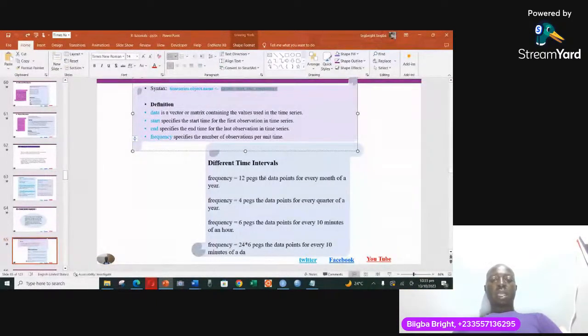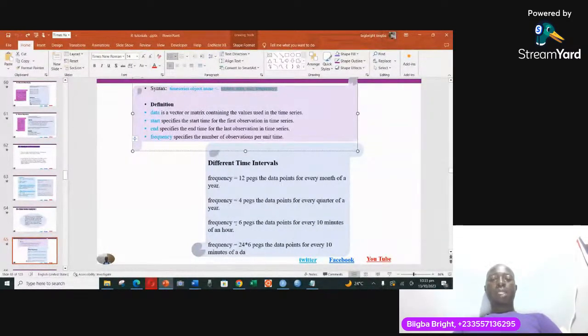Once you have used that function TS, which is time series, frequency matters. If I put frequency at 12, it picks the data point for every month. If you pick frequency at 4, you are looking at it quarterly, because we have 4 quarters in a year, every 3 months.